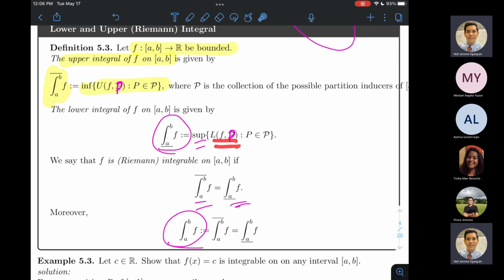Dito baliktad naman. Para ma-compute yung lower Riemann sum, kailangan mong kunin yung infima ng function values sa bawat subinterval. Tapos pag nakuha mo na yung mga infima o yung mga rectangles base sa mga infima, kukunin mo yung supremum. Alright, so crisscrossing ito. Pero ang idea kasi, yun yung tanging paraan para mapagtagpo natin yung lower at saka upper Riemann sum.